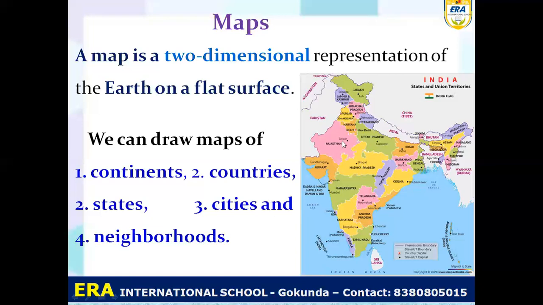Cities, there are so many cities, Jaipur, Bhopal, Mumbai, like that. Then also the neighborhood, means Maharashtra, we are living in Maharashtra. So Madhya Pradesh, Chhattisgarh, Telangana, Karnataka and Gujarat, these are our neighborhood. So we can draw maps of continents, countries, states, cities, and neighborhoods.